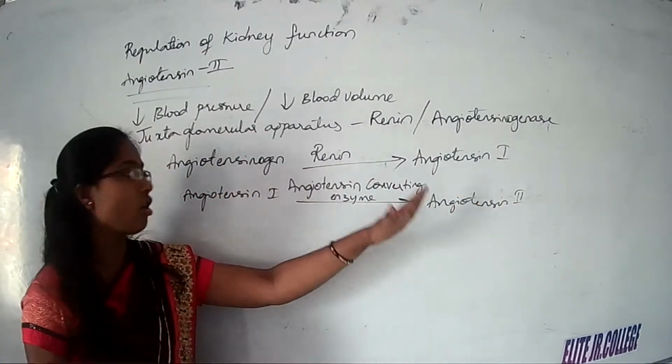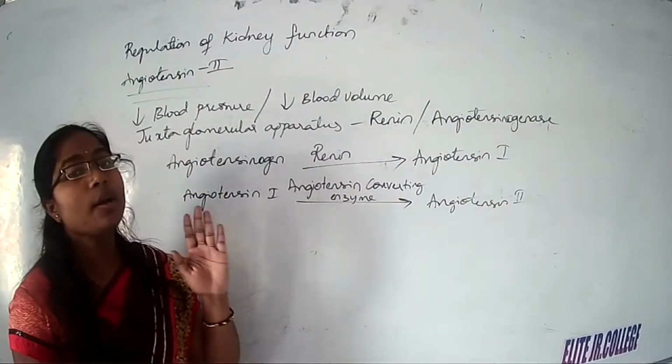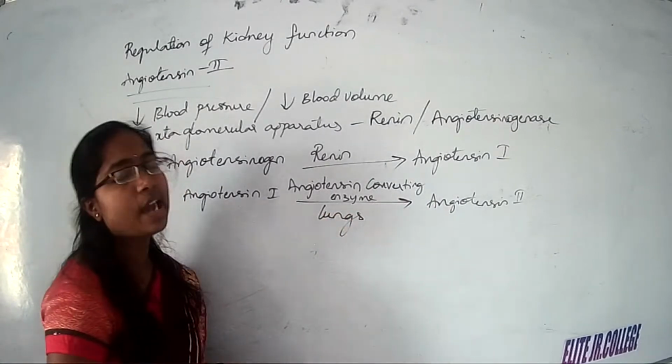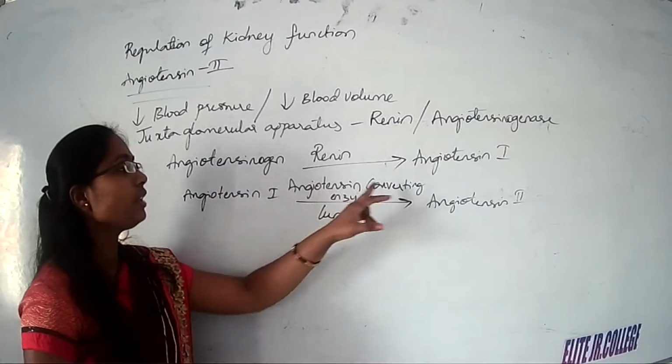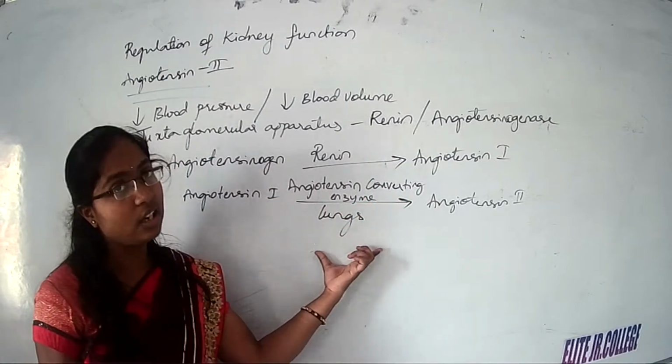And this conversion of angiotensin 1 into angiotensin 2 is going to occur mainly in the lungs, in the lung capillaries, because the angiotensin converting enzyme is present mostly in the capillaries of the lungs.